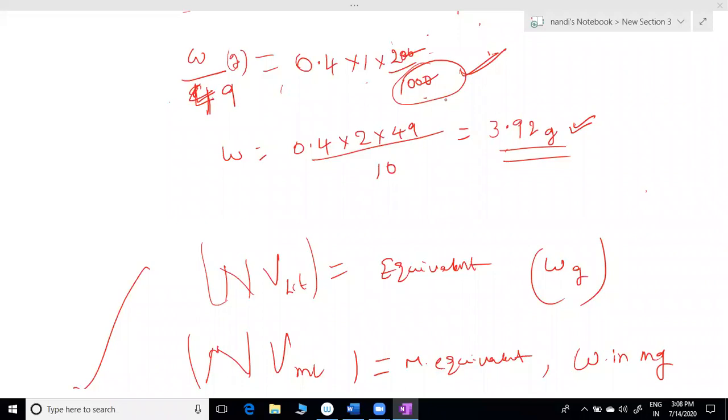Now check it. Only one formula. We don't want to write the formula or the equation anywhere, sir. Just write only one formula.